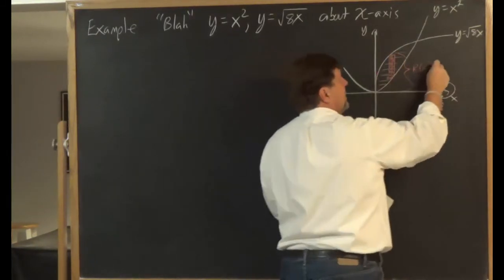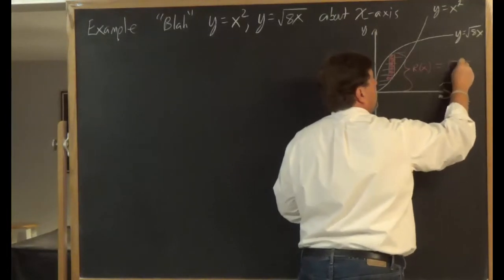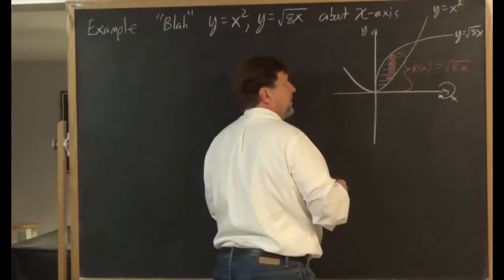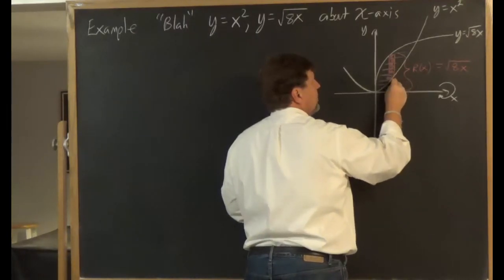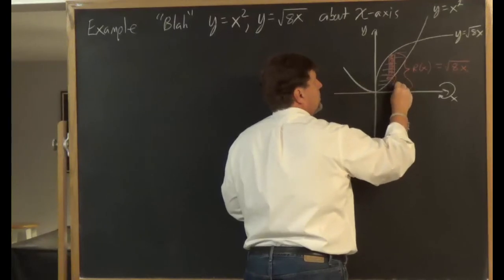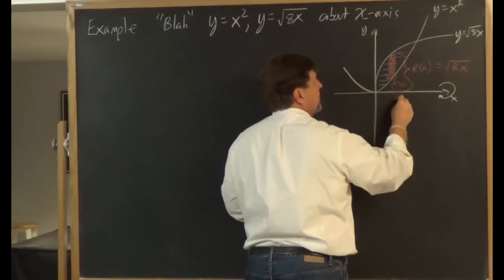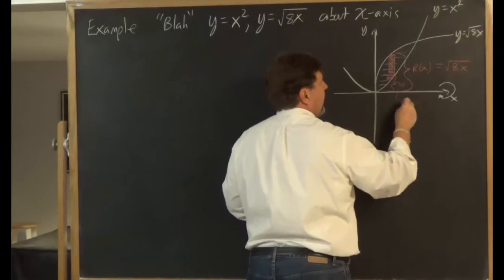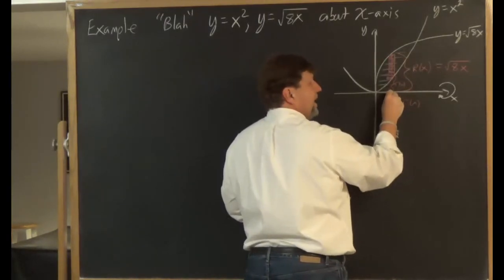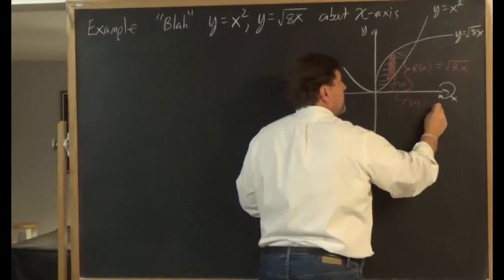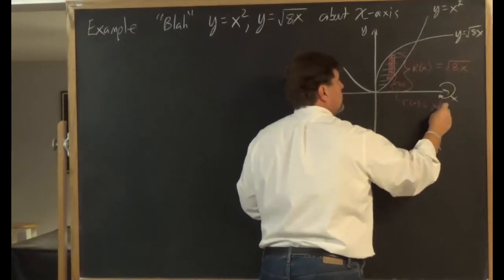Well, that distance is square root of 8x. And then here's my little r of x, from right here to the x-axis. It's from the curve y equals x squared to the x-axis. So that's just x squared.